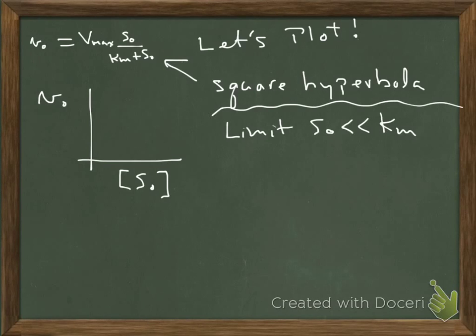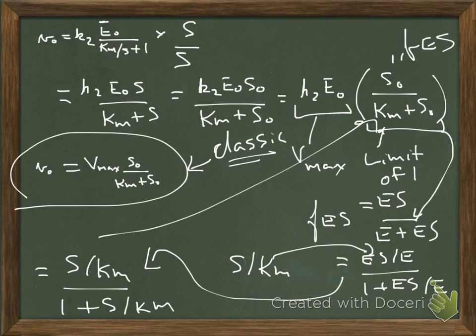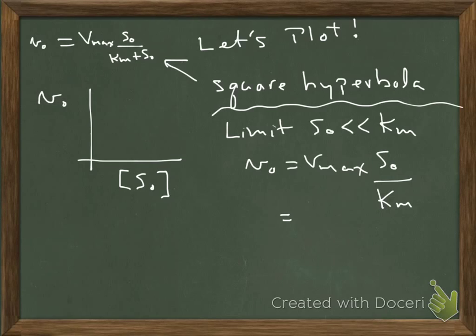And so when S0 is small, then V0 is equal to Vmax times S0 over Km. And remember that Vmax, from going back here, is equal to k2 times E0. So this is also equal to k2 over Km times E0 times S0.